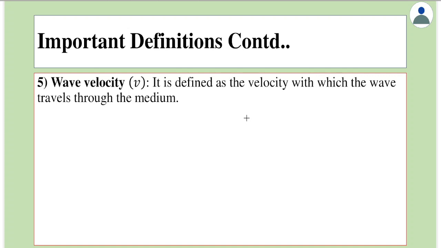Different waves will have different speeds. For example, a sound wave itself will have different speeds in a solid, liquid or gas. So it depends on the medium also, but for now, in simple language, we can say that wave velocity is the velocity of the wave itself. It's called wave velocity, and since it is velocity, it is measured in meters per second.